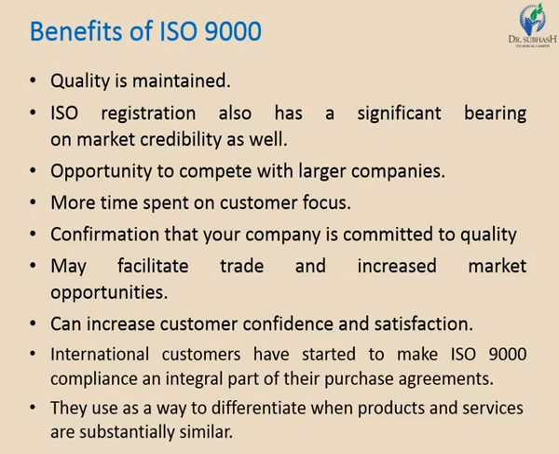Then the customers can easily differentiate the similar products, because ISO sets standards that are internationally accepted. So you can easily differentiate products and services which are of similar types.